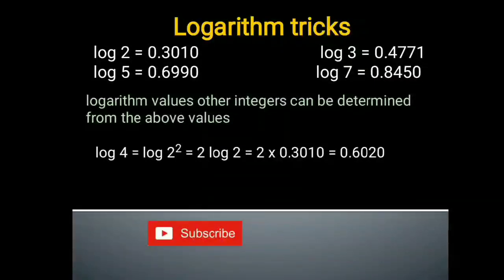In logarithms there is a formula, log a power x is equal to x log a, right? So in the same way, log 2 square can be written as 2 log 2. Log 2 value is 0.3010. So twice that is equal to 0.6020. In the log table, you can see the log 4 value is 0.6021. But like this, you got 0.6020.